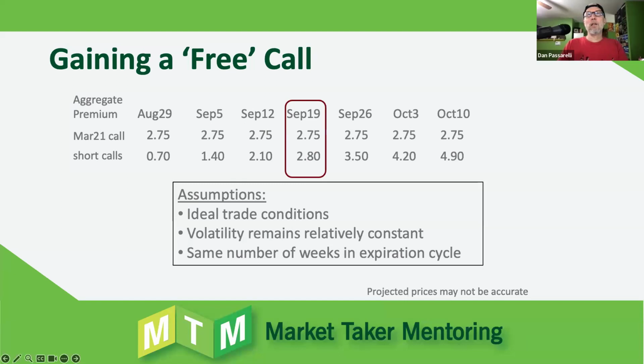So at this point, we have now collected, serially, collecting 70 cents, 70 cents, 70 cents, 70 cents, 280, more than we paid into the trade. Right? So at this point, we can't lose money on the trade. We can lose some of the profits we've made, but we can't lose money.